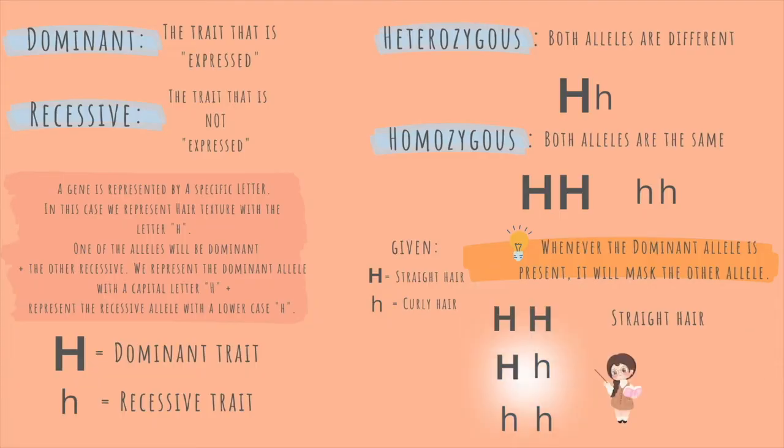How about big H, little h? Again, we're going to get straight hair because again, the dominant allele is present. The big H is present. How about little h, little h?